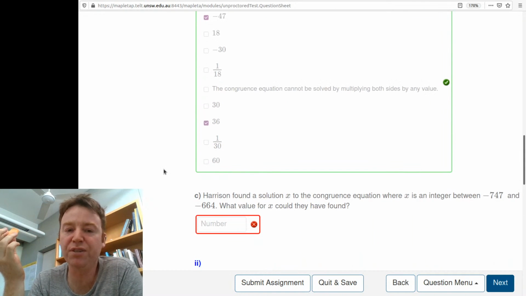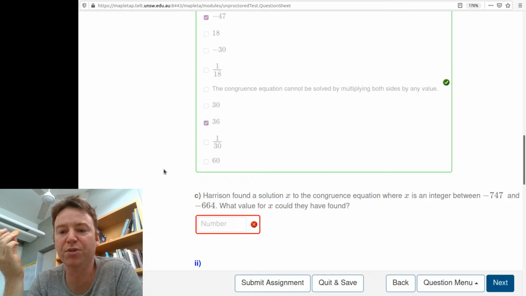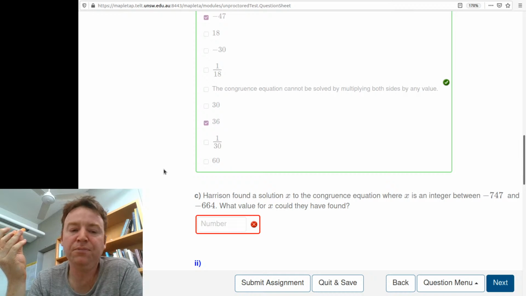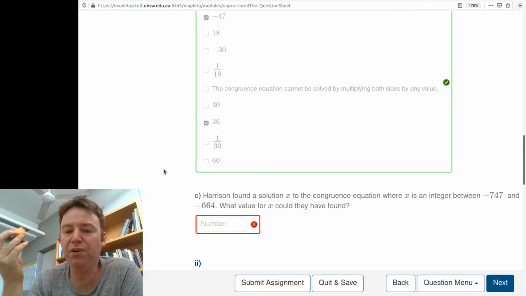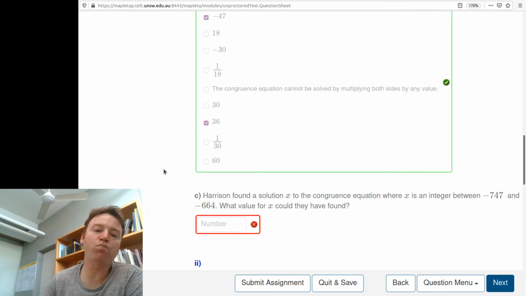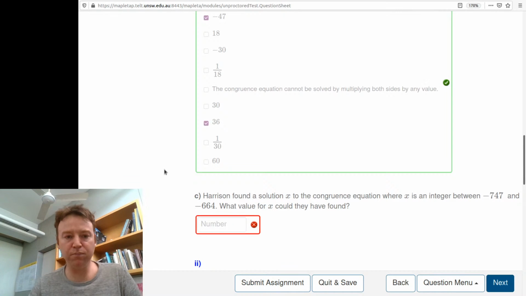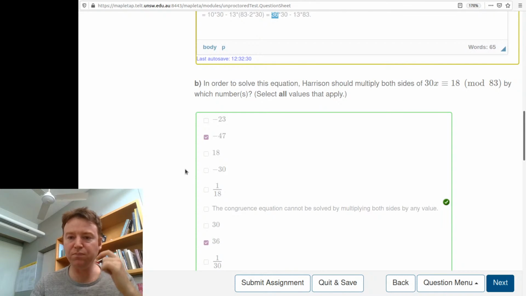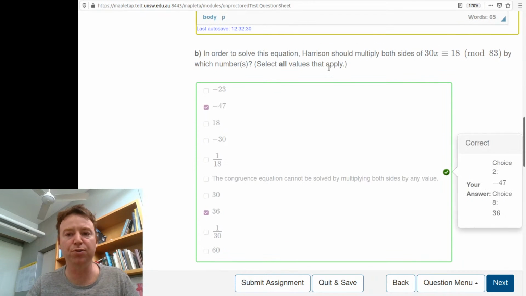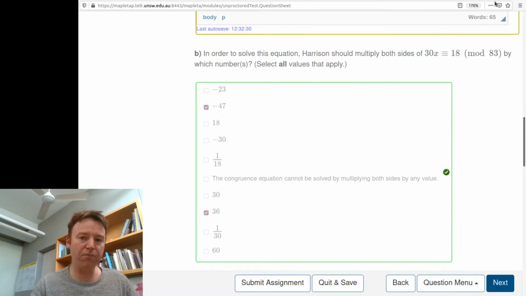Harrison found a solution x to the congruence where x is an integer between negative 747 and negative 664. Okay. What x could they have found? Well, I'll switch over to x equals 18 mod 83.